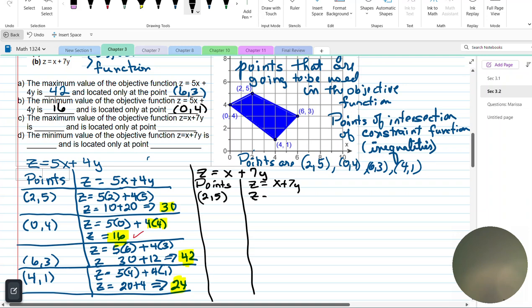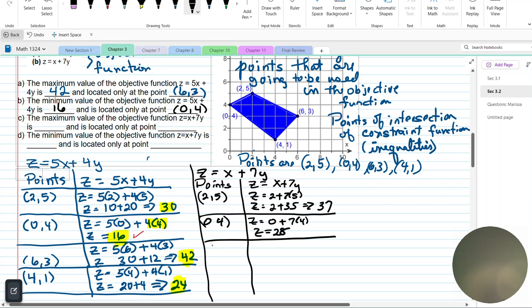So z equals 2 plus 7 times 5, z equals 2 plus 35. So we've got a whopping 37. Now we're going to do the point (0, 4). So z is going to be 0 plus 7 times 4. z is 28.